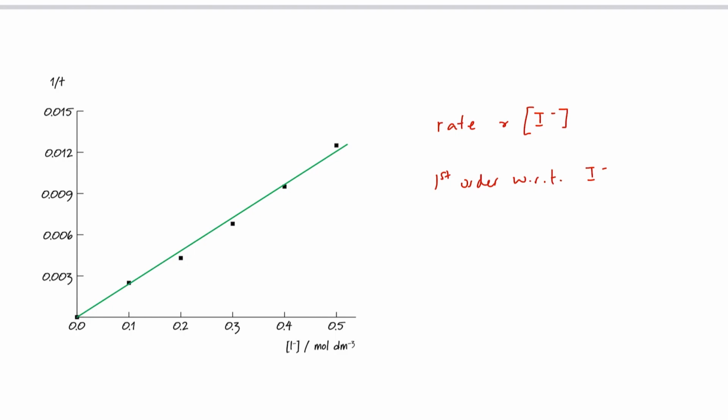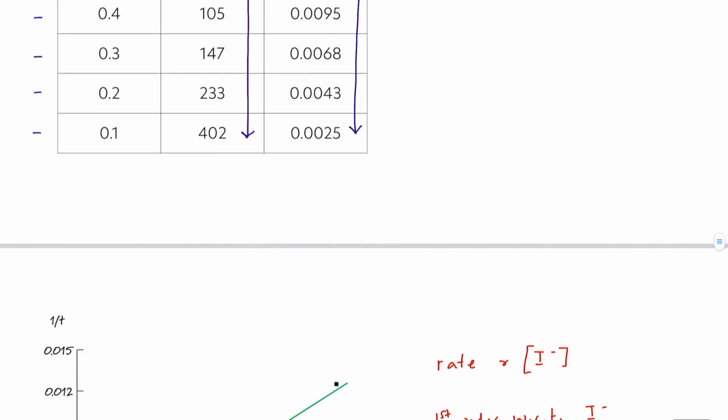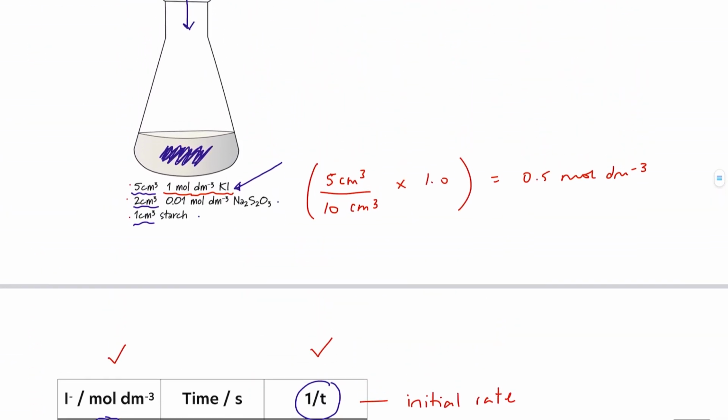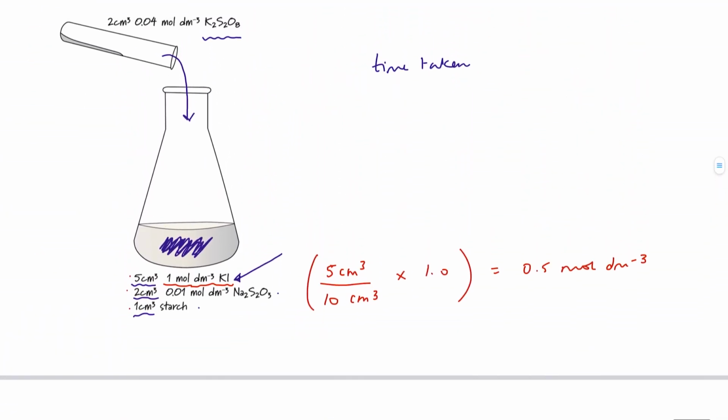If I wanted to know what the order is with respect to peroxide disulfate ions, then I would repeat that set of experiments, but instead of changing the concentration of iodide ions, I would change the concentration of peroxide disulfate ions each time, keeping everything else the same.